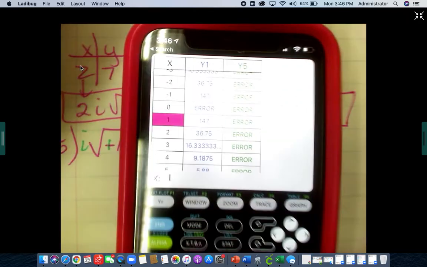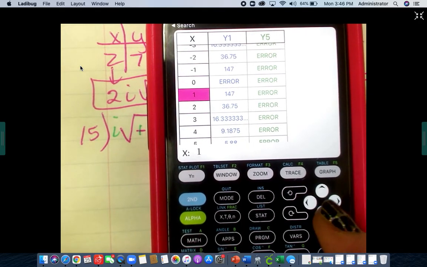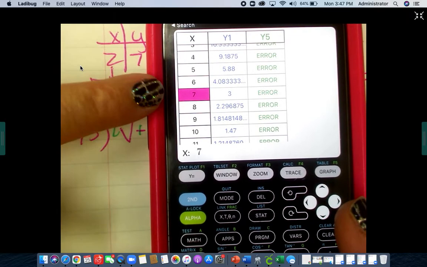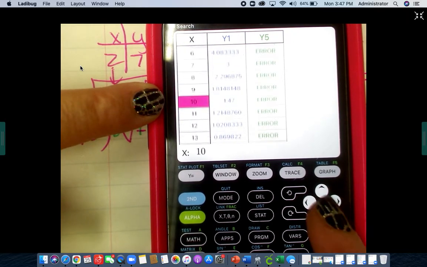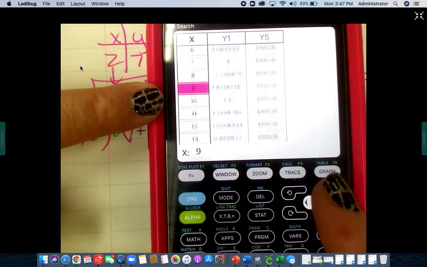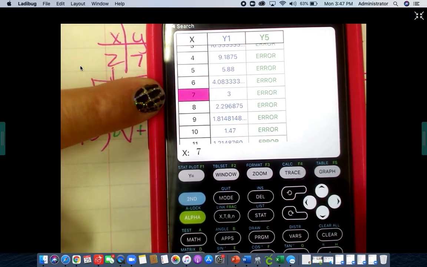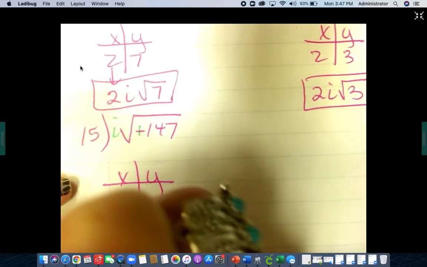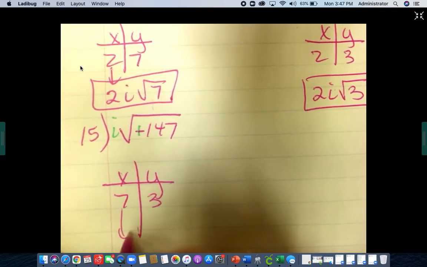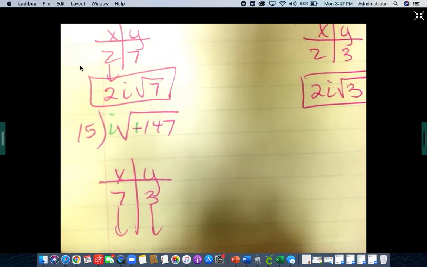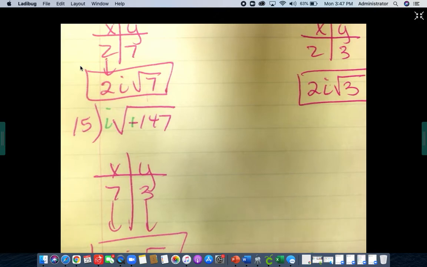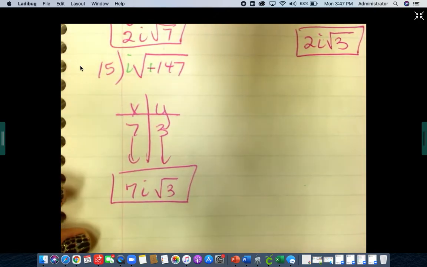Let me zoom a little better. I see 1 and 147. And I see 7 and 3. Yep. So 7 and 3 are my last integer ordered pair. So x, y, 7, 3, 7 on the outside, 3 on the inside, but I can't forget my i. All right. And that's it.